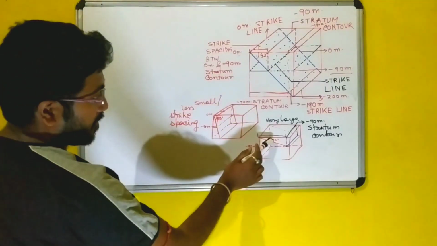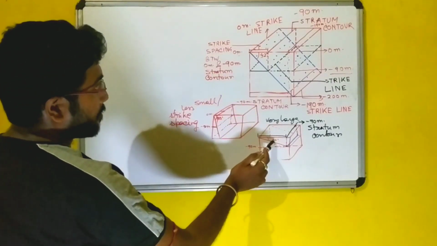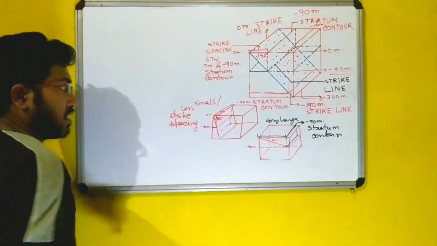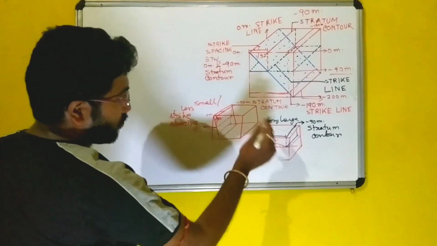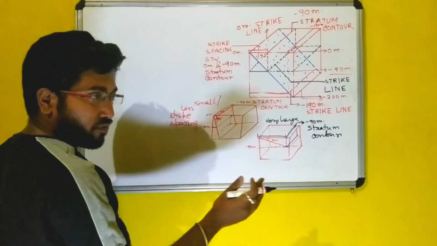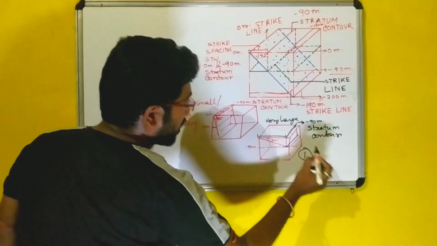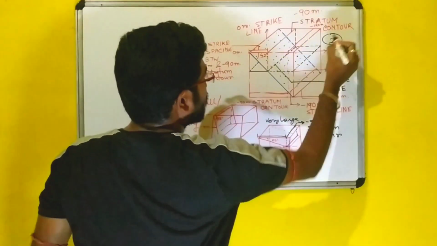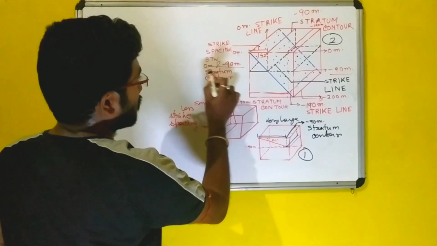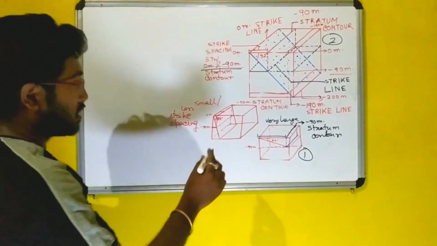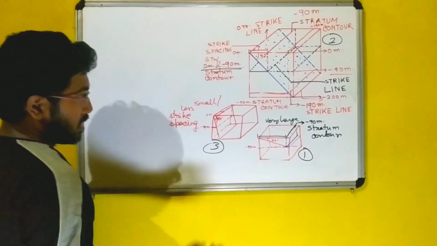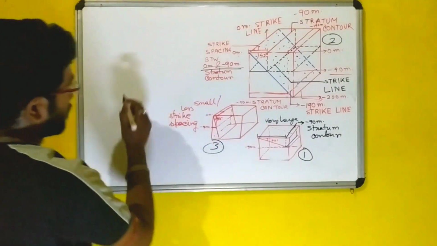So here the dip amount is 20 degree, here 42 degree, here 80 degree. And if we arrange this from large to small, this will be number 1, this will be number 2, this 0 to 90 meter strike spacing, and this will be number 3. And can you correlate here?